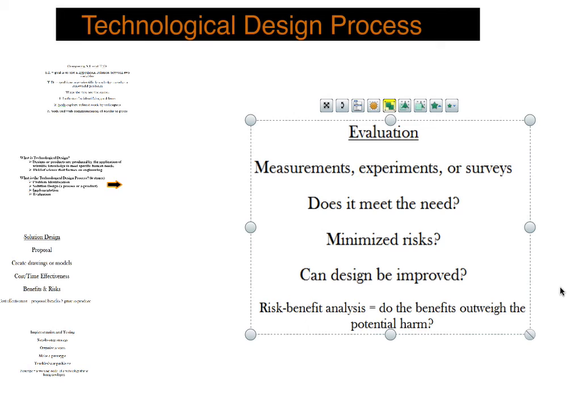And can the design be improved? So you think about the iPhone too. There's always an improvement to be made, which is why they'll release an update 2 days after they've released the new operating system. So you're going to perform a risk-benefit analysis, which is, do the benefits outweigh the potential harm?